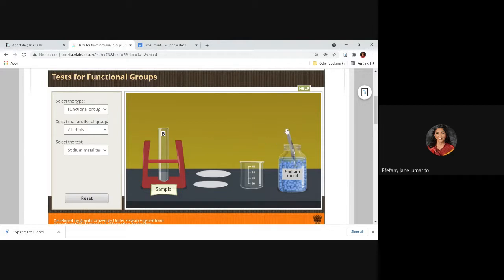And then we will put that on our filter paper, and tap it on another filter paper to make it dry. Then we will get the forceps and put it in our sample. Now, the thing that you are going to observe here is the effervescence.